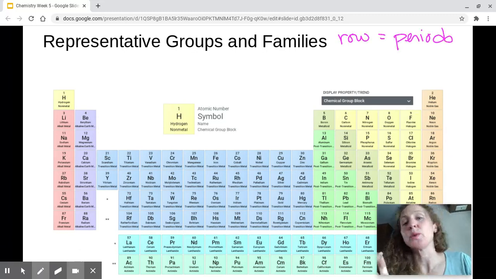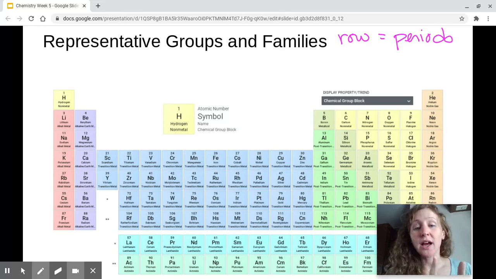As we start to study why the periodic table was arranged the way it was by Mendeleev and the scientific community, and what kind of things repeat throughout the periodic table, you'll notice that those patterns repeat within a period.